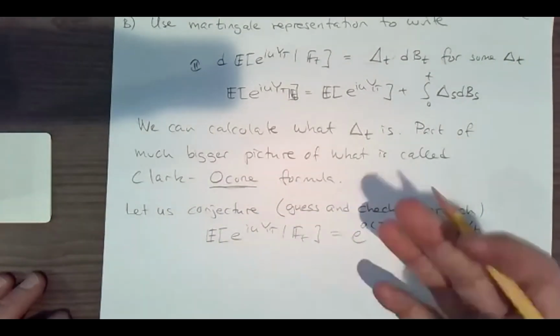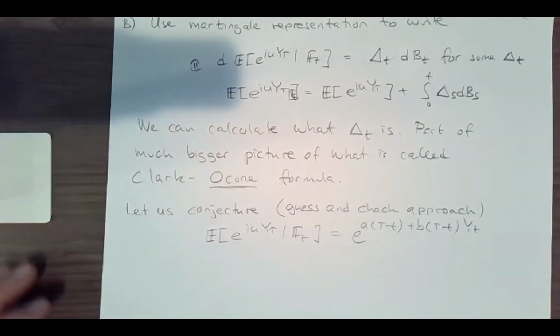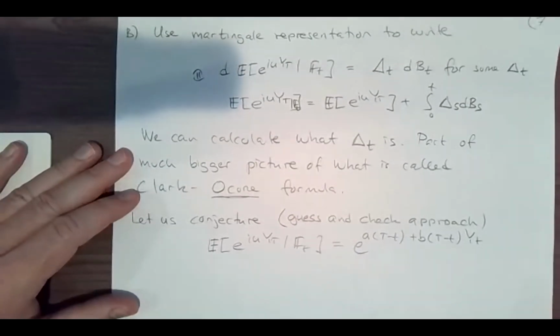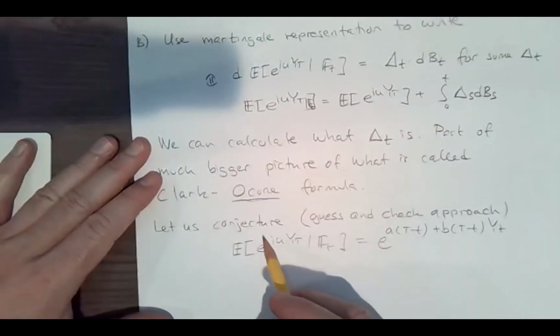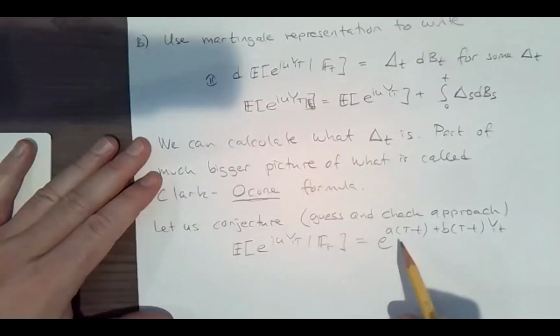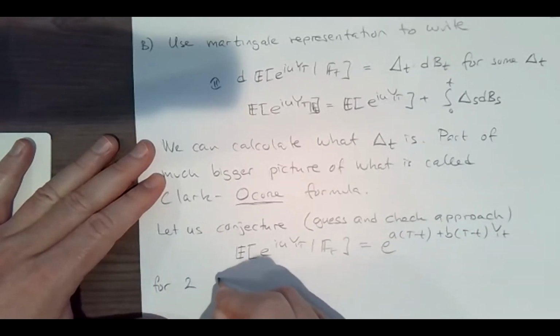And of course, you can be lucky that it works, and you can be unlucky that it doesn't work. If it works, then you're done. If it doesn't work, well, then you're kind of back to square one.